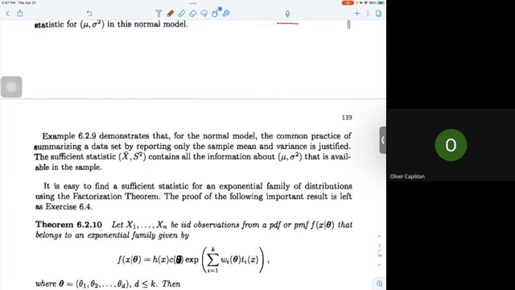If the sample mean and the sample variance are a sufficient statistic, they contain all the information about our unknown parameters mu and sigma square. That is why this is all we need to summarize our data, because they contain all the information regarding our unknown population parameters.